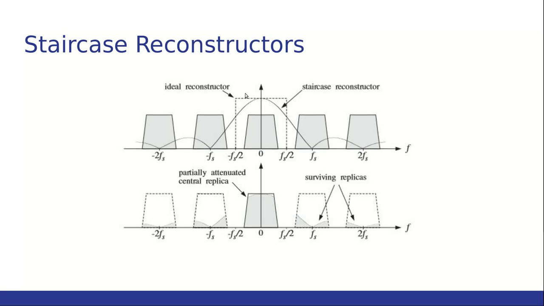It extracts all the values in the Nyquist interval and removes the remaining, whereas this curvy thing is the frequency response of the staircase reconstructor. So on passing a signal to a staircase reconstructor, we would be left with a partially attenuated central replica, because this is not a flat band but a curve, and a few surviving replicas.